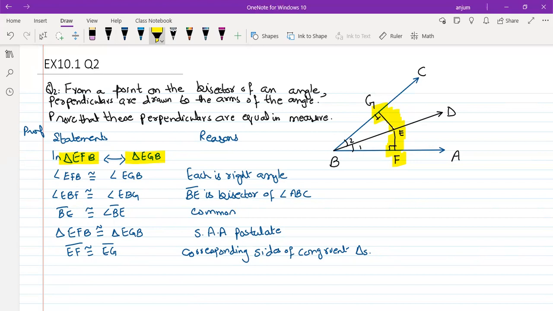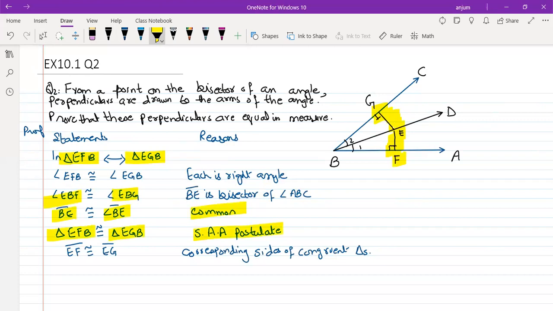And angle EBF and angle EBG are also congruent because we have drawn a bisector BE, and as it is a bisector, it divides an angle into two equal parts. And BE is congruent to BE because it's the common side. So these two triangles are congruent by the side angle postulate.